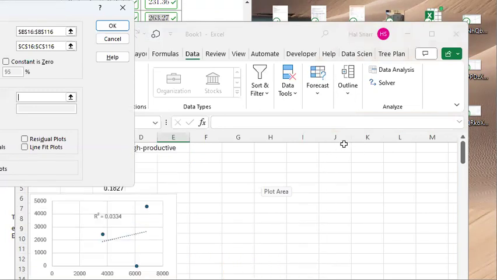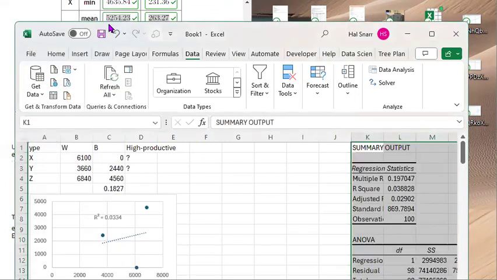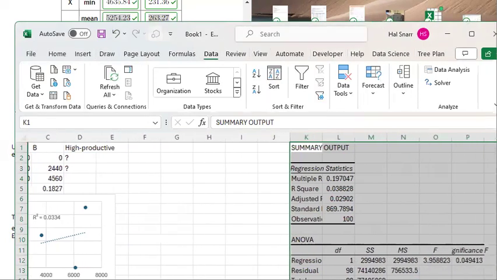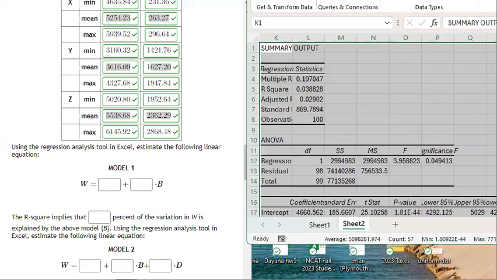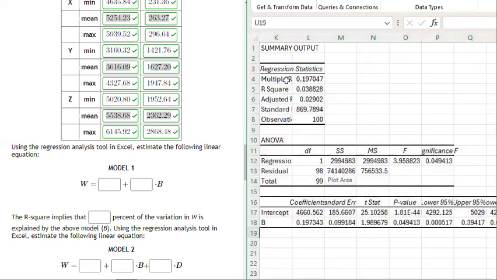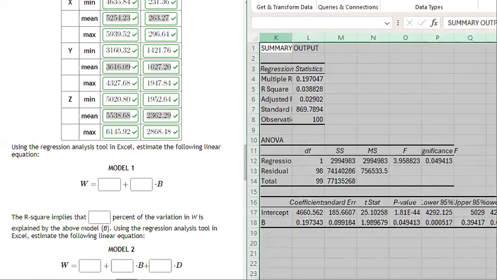So I'll put it out here in J. Okay, I'll put it in K. K1. Okay, then I hit OK. Click OK. All right, so here's my summary output, right? Okay, so what I'm going to do is I'm going to auto fit this stuff.